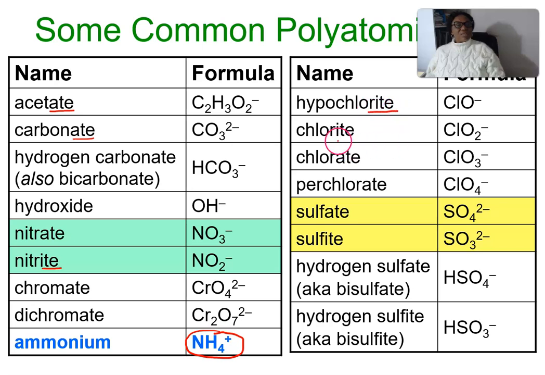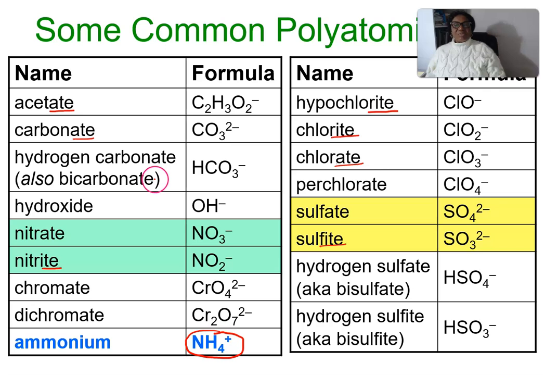You have just a few exceptions. So it either ends with ATE or ITE. I want you to take note of that. Except you have some exceptions like hydroxide and cyanide, but all of them, look at this table. Go and look at it again. You see that the names end with either ATE or ITE.